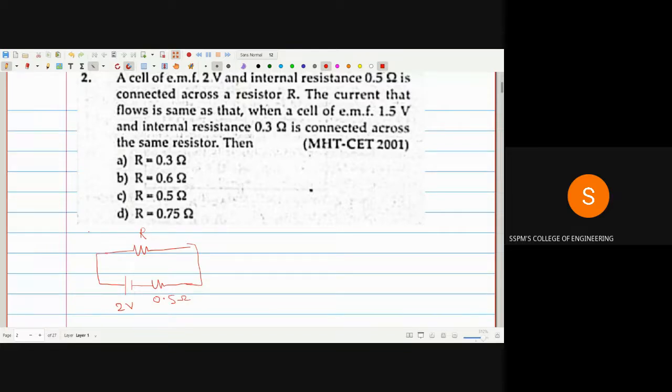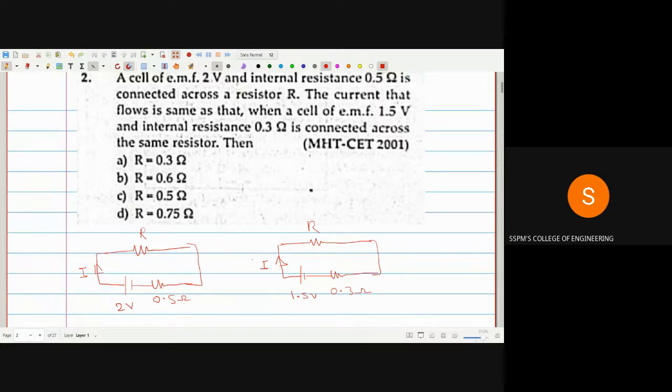The current that flows is the same, म्हणजे करंट दोन्ही केस मध्ये सेम आहे. जरी करंट दिला नसला तरी the relation between the current of the first case and second case has been given. The second case इथे मी ड्रॉ करतो. The R is connected across the voltage source of internal resistance 0.3 ohm, isn't it? Second case आहे, voltage किती आहे, 1.5 volt आहे, and the current is same आहे.